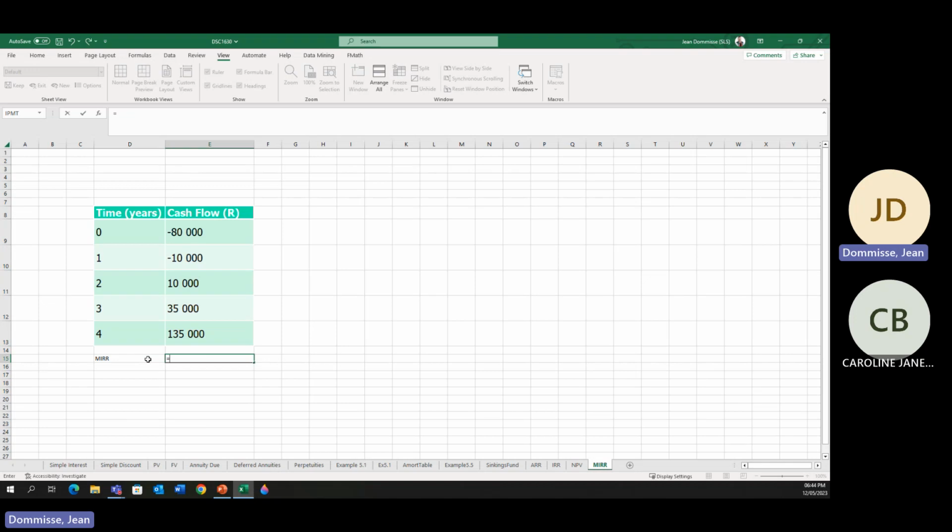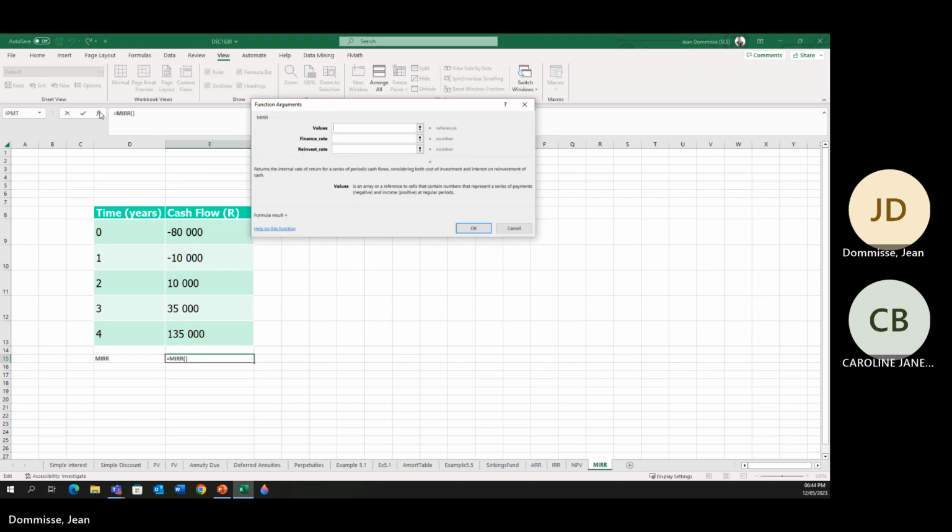So let's see what the MIRR function asks us. It actually asks us all the other stuff as well. So let's quickly see. That was example 6.7. So assuming that we can borrow funds at 18% per annum, whereas an investment with comparable risk can be expected to invest at 15% per annum.